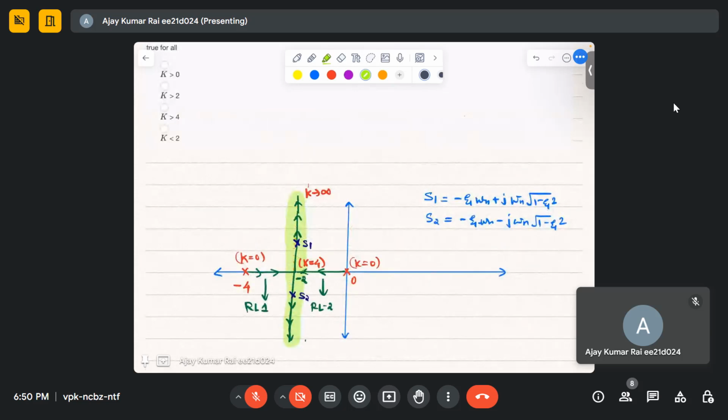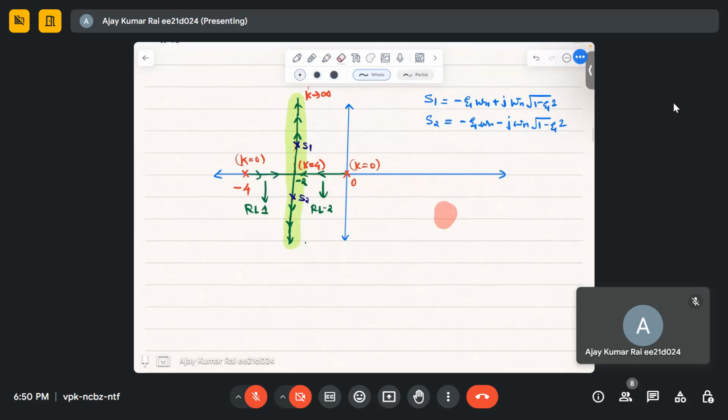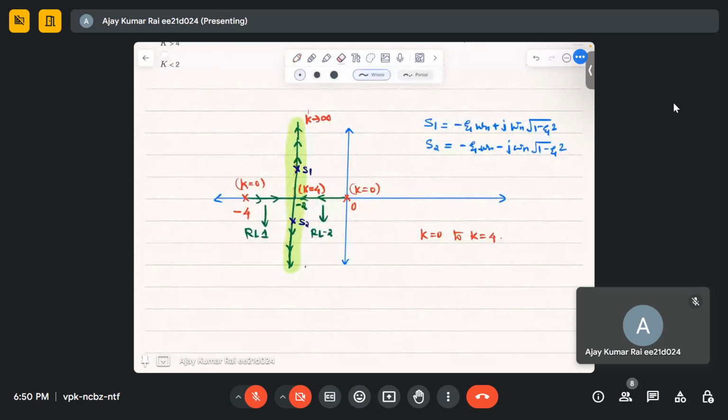Any confusion? You just see from k equal to 0 to k equal to 4. So this is the root locus.